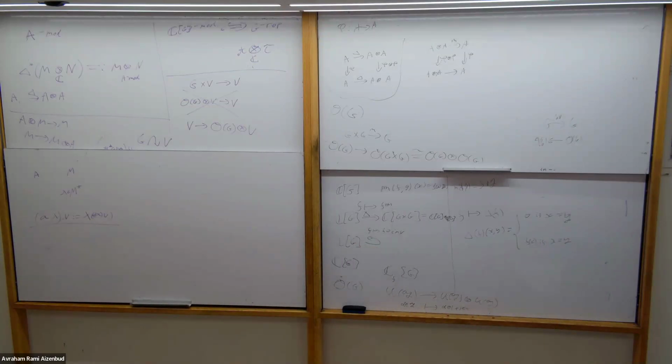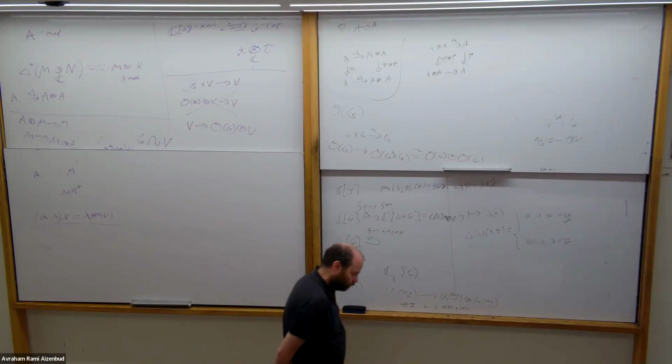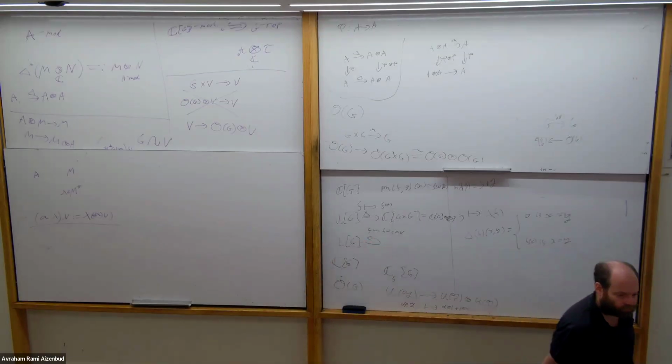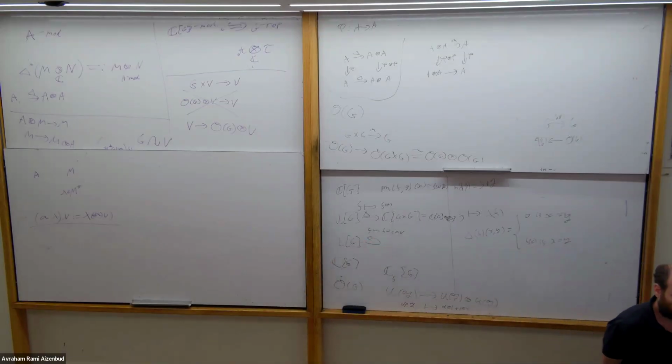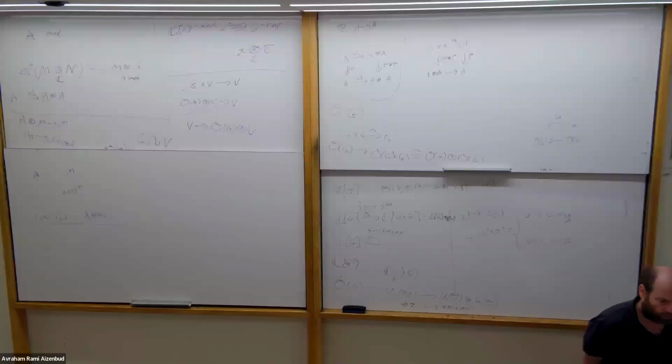So, can I just get something clear? If we have a Hopf algebra, we can consider the modules of that algebra. Then all these structures allow us to get the tensor product of modules and star and do all that.